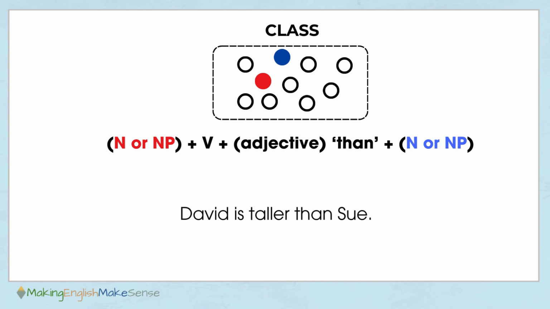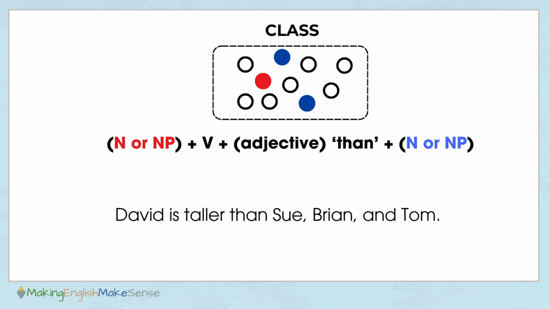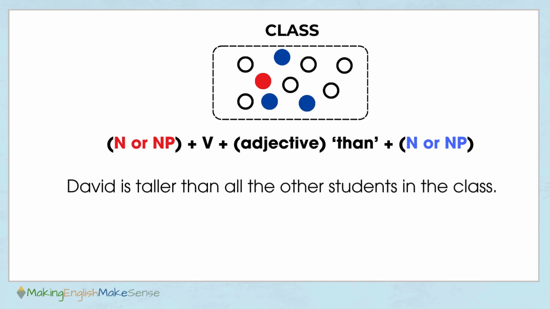It can compare a noun to a single member of a group. David is taller than Sue. It can compare a noun to multiple members of a group. David is taller than Sue, Brian, and Tom. Or it can compare a noun to all the members of a group.